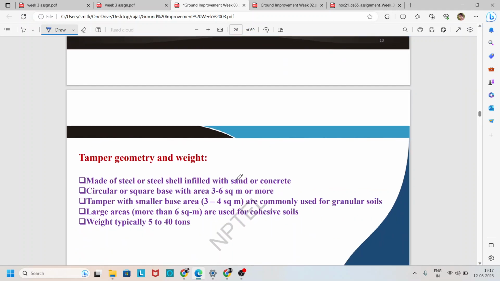Coming to the next slide, it discusses the tamper geometry. The tamper is heavy in nature. It can be made of steel or concrete or sand. In terms of size, the area is based on 3 to 6 square meters. Tampers with a smaller base area, that is 3 to 4 square meters, are commonly used for granular soil.